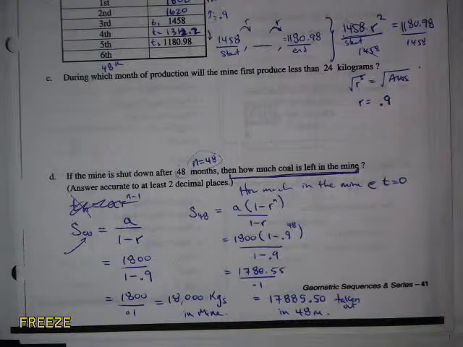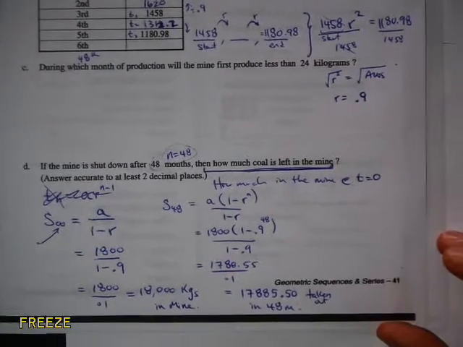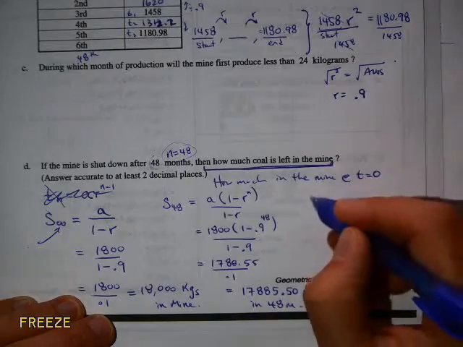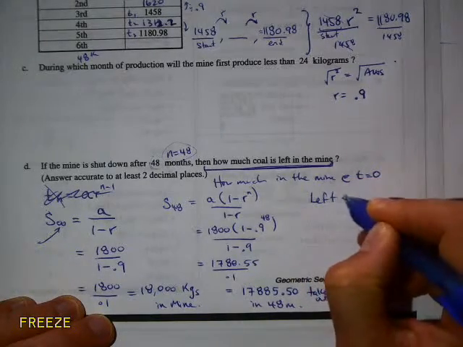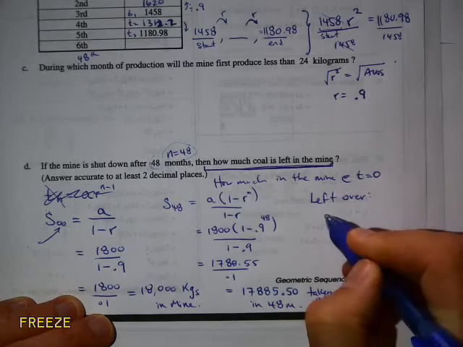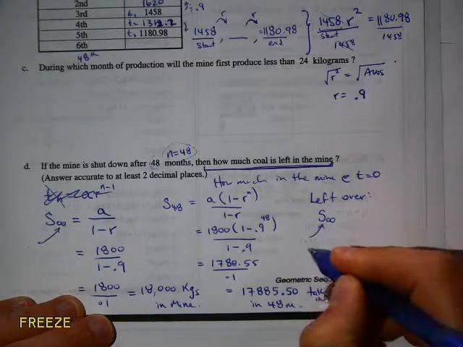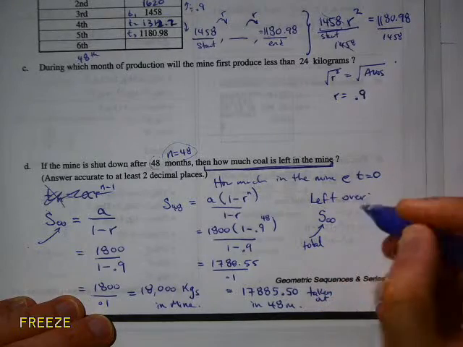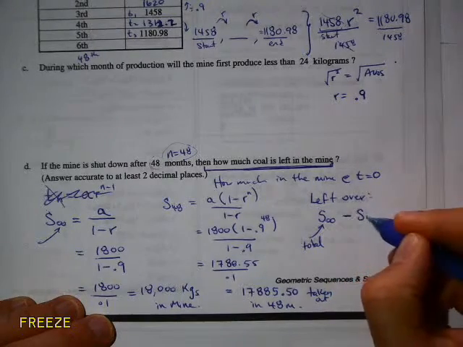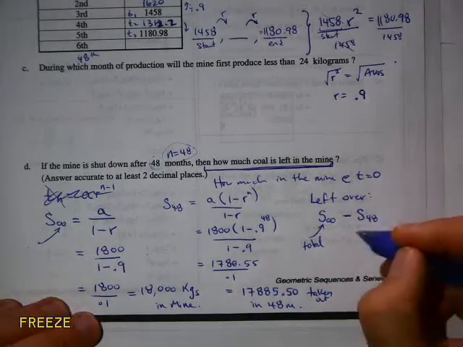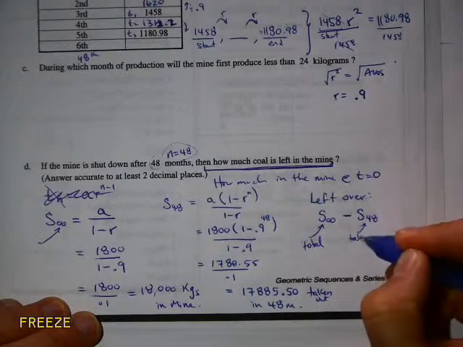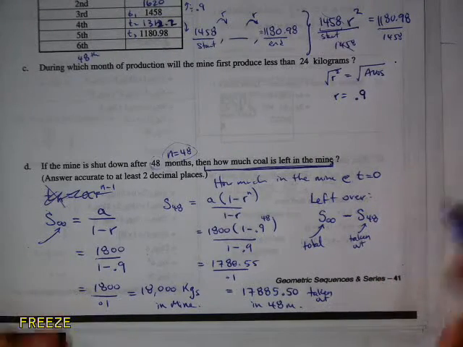So the real question is asking us this: how much is left over? How much is still in the mine? So left over, well, it's going to be S infinity, or the total, take away S48, which was taken out.